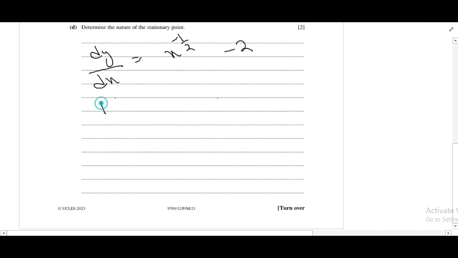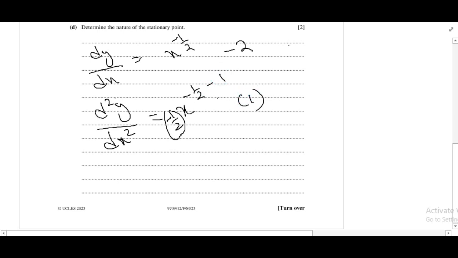Now d2y/dx squared, what does that mean? It means the derivative of the first derivative. So what was the rule of differentiation? Bring the power down, subtract 1 from the power, multiplied by the derivative of x, which is 1, again, minus 2 to the power of x, which is 0.